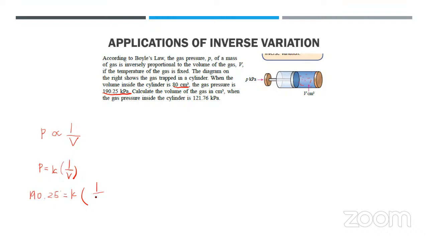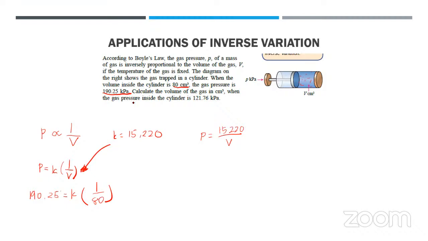So when you try and calculate the value of K, you'll get 15,220. Okay, and this is just a constant. There's no unit behind it. And when you sub that back into the original equation, you'll get pressure is equal to 15,220 divided by volume. Okay.